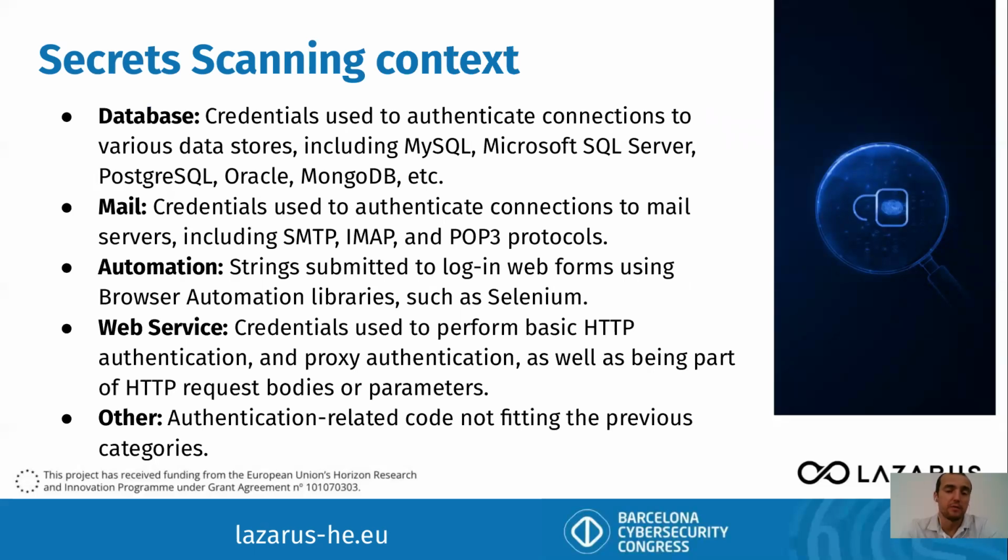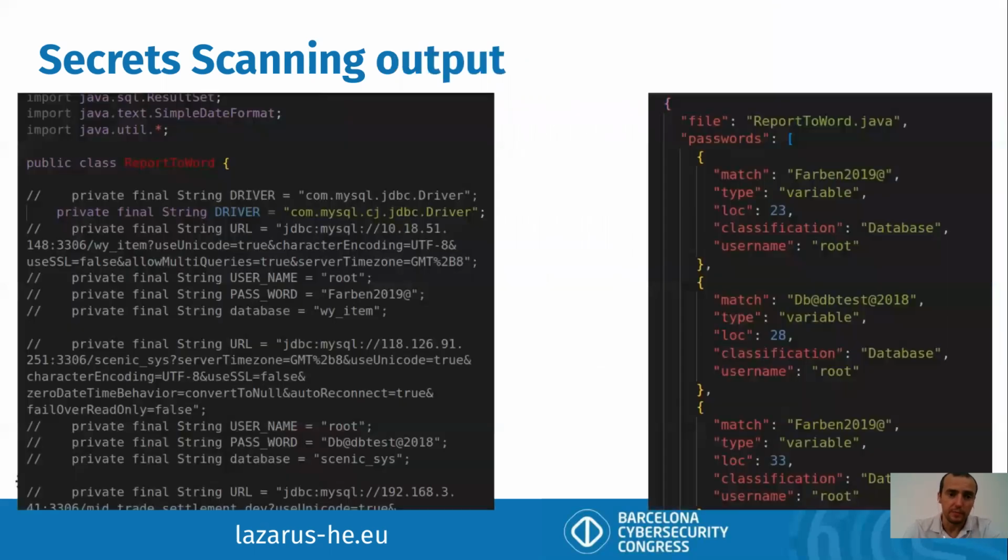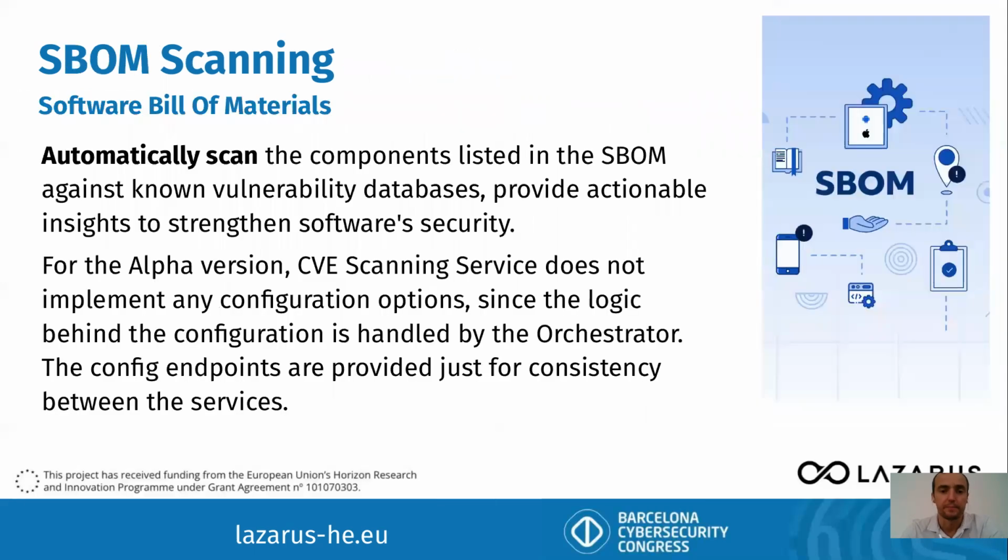Again, you can see on the slides, but I'll show you in the video in a few seconds. These are some examples of test files that we put in a test repository, and then we give it to the Lazarus platform, and it will detect all the sample credentials and tokens, and then return it as part of an API response in a machine-readable JSON format.